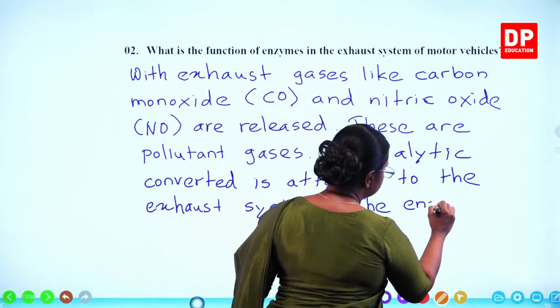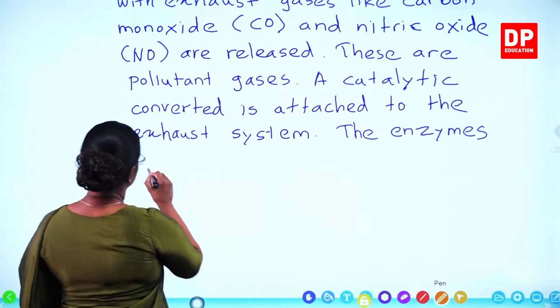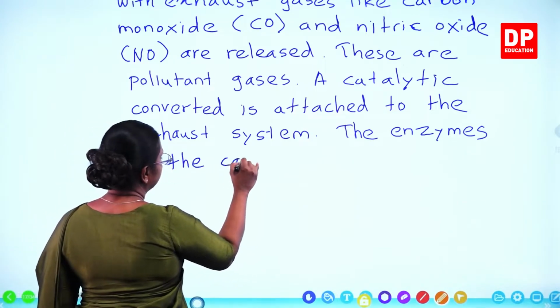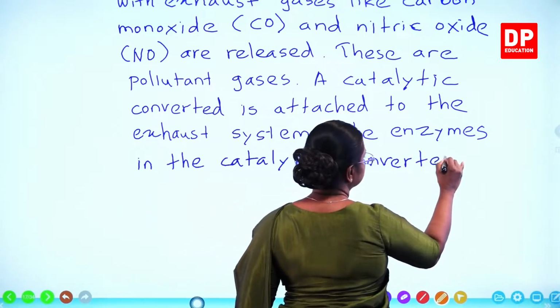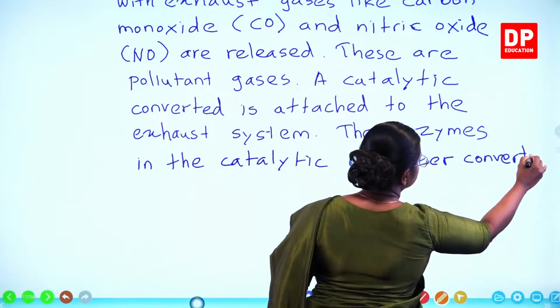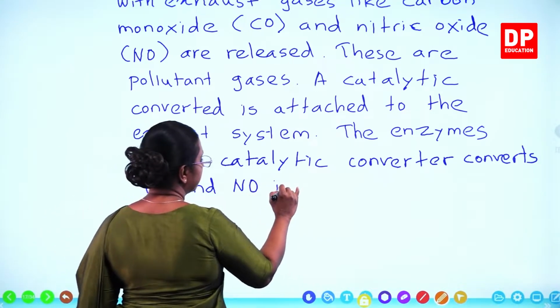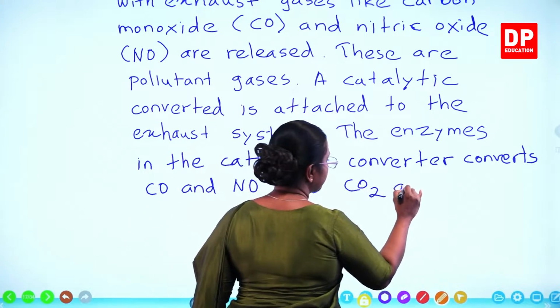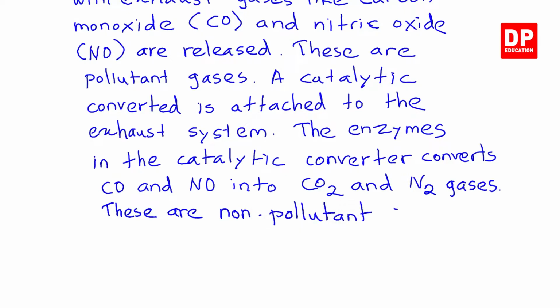The enzymes in the catalytic converter convert carbon monoxide and nitric oxide into carbon dioxide and nitrogen gases. These are non-pollutant gases.